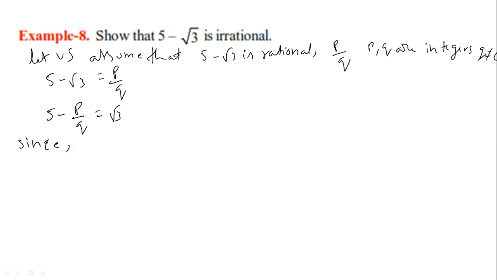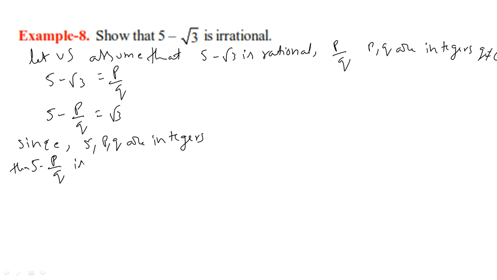Since 5, p, q are integers, 5 minus p by q is also rational. If 5 minus p by q is rational, then root 3 is also rational.